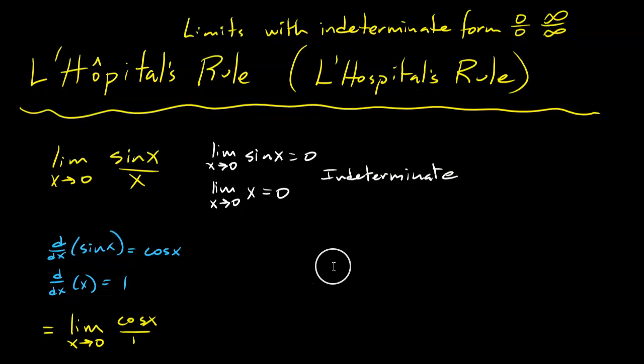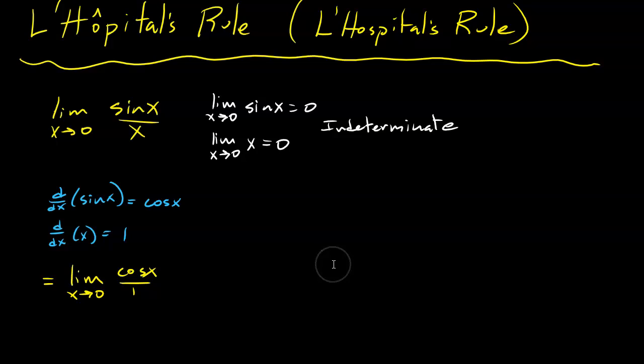L'Hopital's rule is the fact that if you get an indeterminate form as your answer, you are allowed to take the derivative as many times as needed until you get a normal answer. In this case, now that I have the limit as x approaches 0 of cosine over 1, I can plug in 0 now.